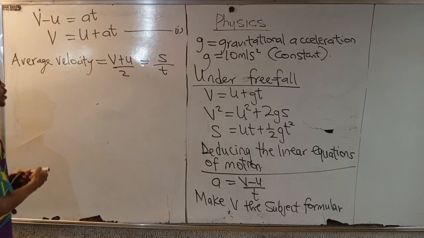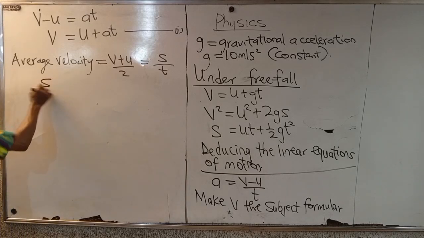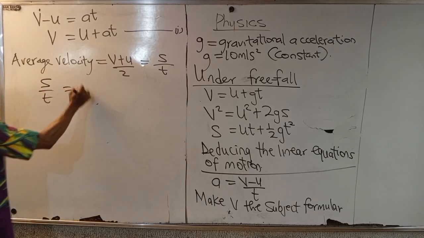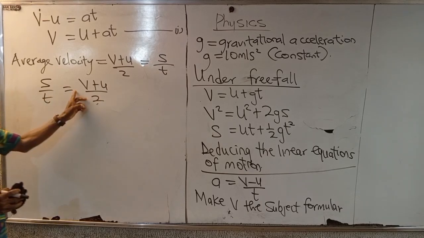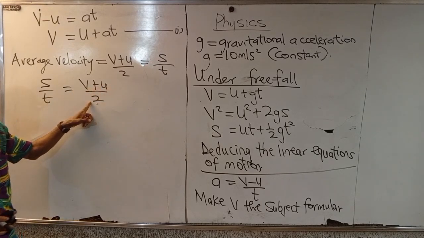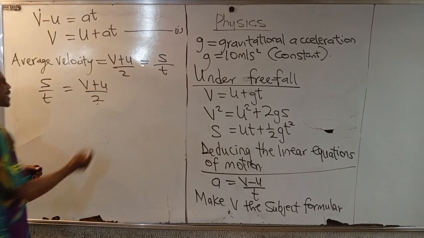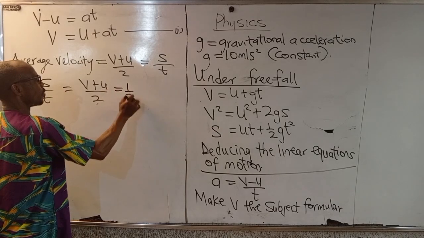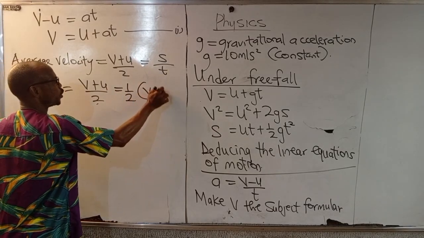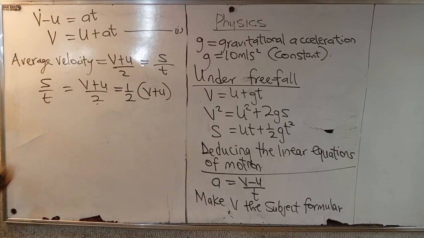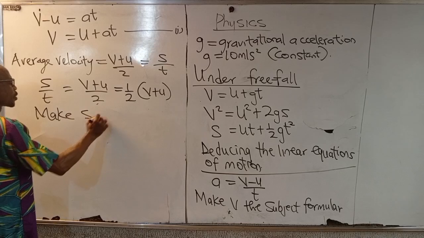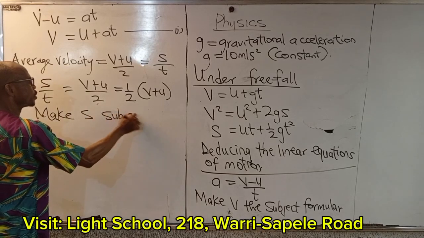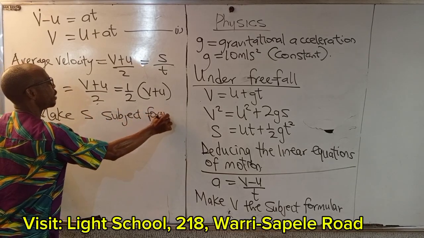So it is this equation now that gives us our next value. We are simply saying that x over t is equal to (v + u)/2. This can also be expressed as 1/2 (v + u).